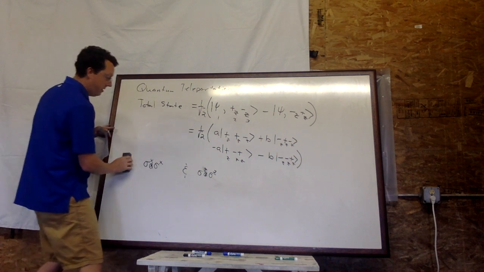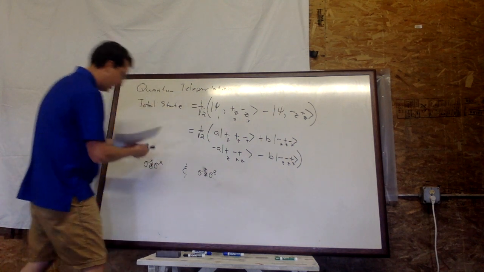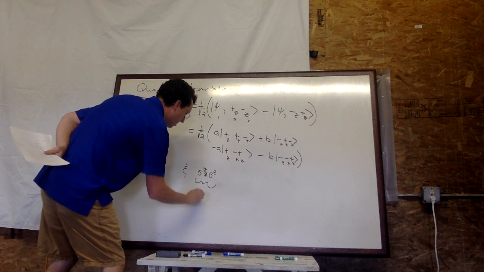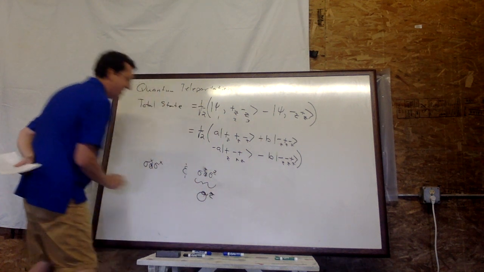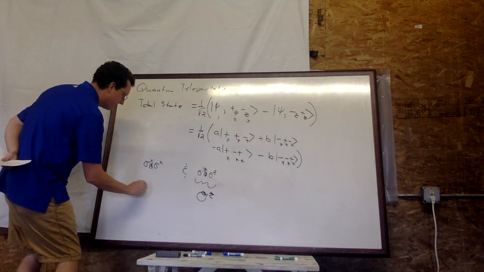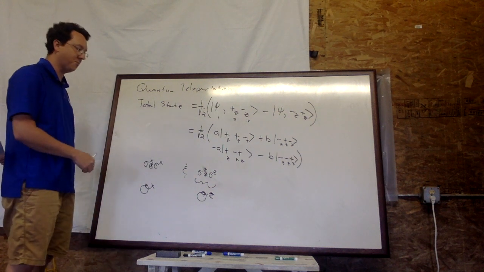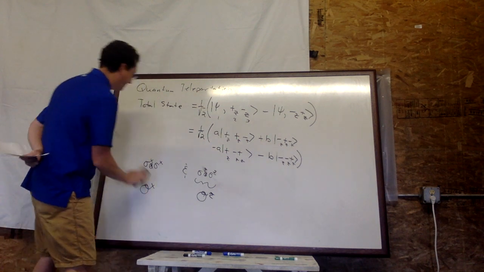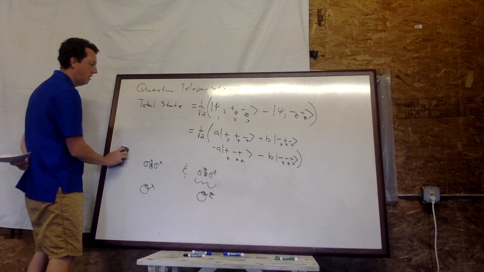Okay, so I'm going to call this thing OZ. It just means sigma z times sigma z, this acting on 2 factors. I'm going to call this one OX because it's a little faster to write than the tensor product.